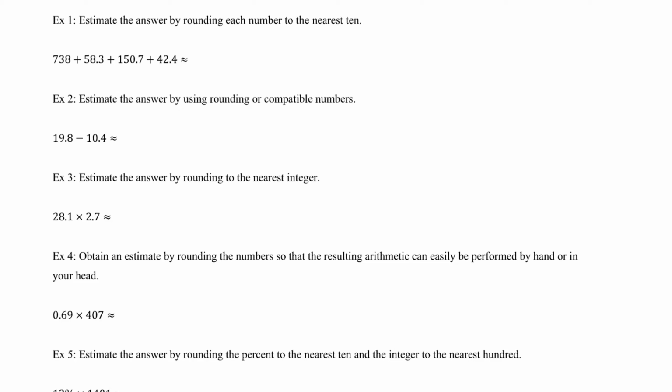Since this is estimation, we want to be very careful about the estimation we're getting. This says estimate the answer by rounding each number, that's the first thing, to the nearest 10, that's the second thing. So we're not rounding after; we're rounding each individual number beforehand.